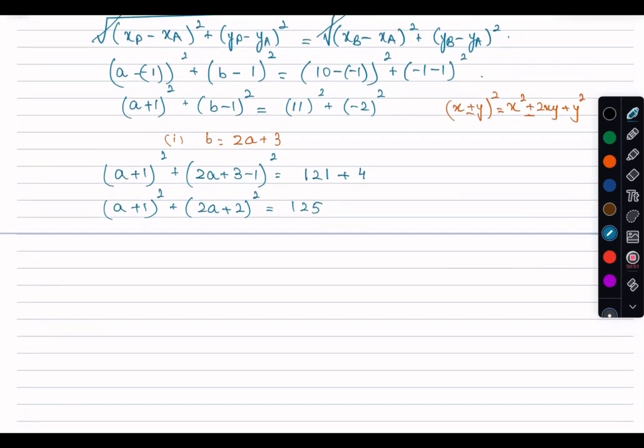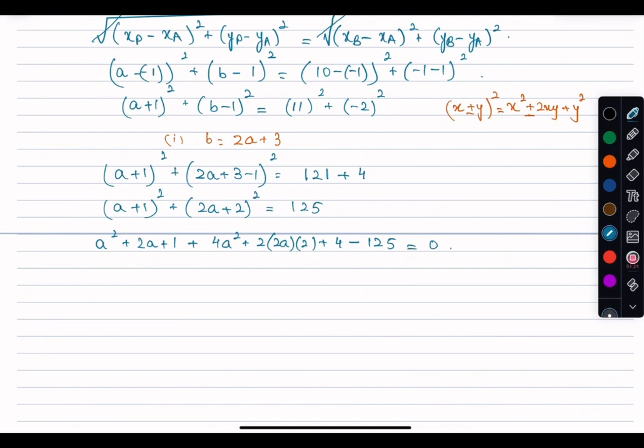So applying the a plus b the whole square identity, this becomes a squared plus 2a plus 1, and this becomes 2a the whole square, which will give you 4a squared plus 2 times 2a times 2 plus 2 the whole square, that gives me a 4. I'm taking this 125 to the left side, making it negative 125, which makes the right side 0.